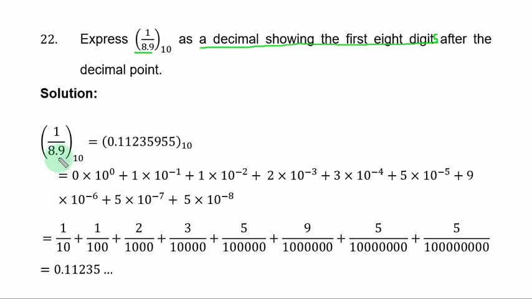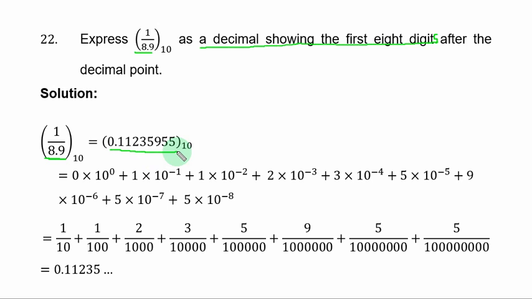Okay, so if you divide this number, you have many digits, but the first 8 digits are this. So the given base is base 10, and we should express it as decimal.